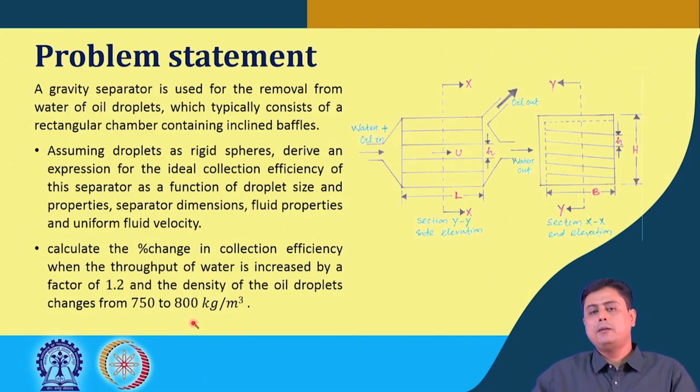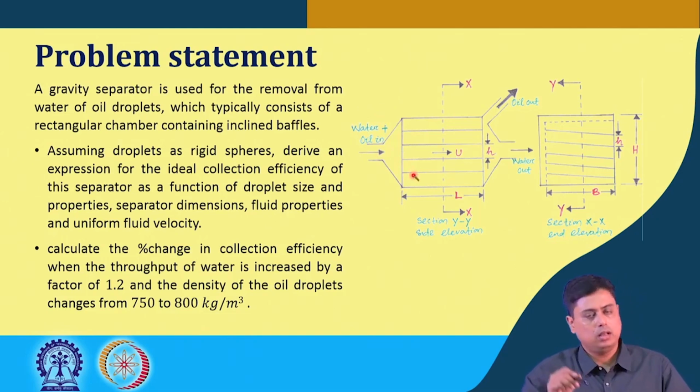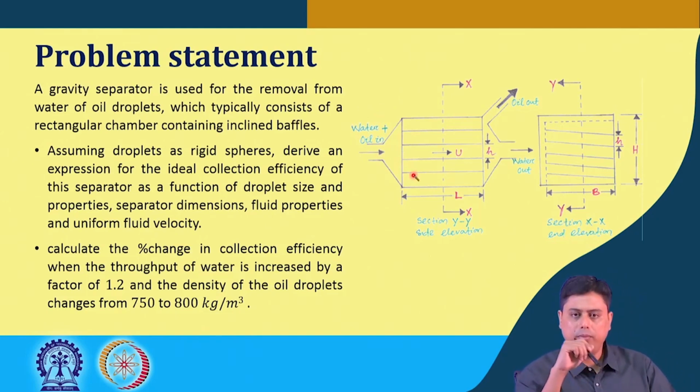First of all, let us again understand the mechanism of this gravity separator. Oil and water come in, and the oils are the droplets suspended in water. As it goes inside the rectangular chamber, it encounters these inclined baffles.